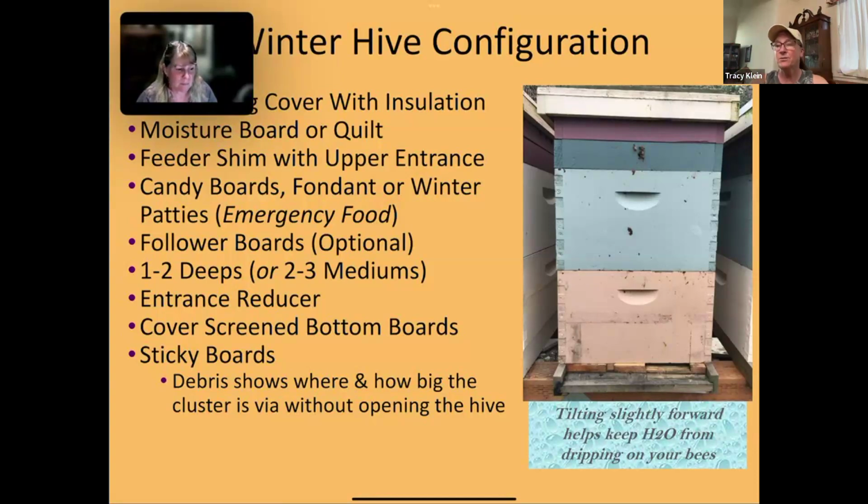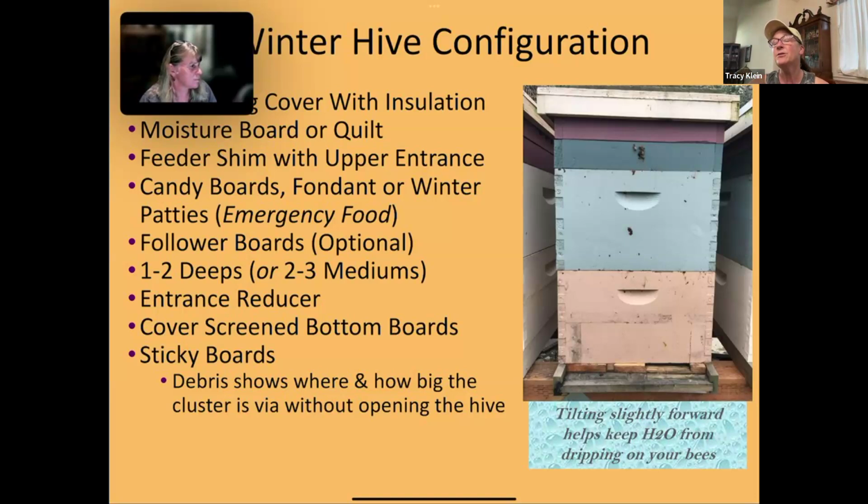Kathy likes to use those because it helps create a chimney effect and draw the moisture to the outside of the boxes instead of on the top, because cold bees live through the winter. Wet, cold bees definitely don't, they die. So you want to keep that water from raining back down on them, whatever means you have.